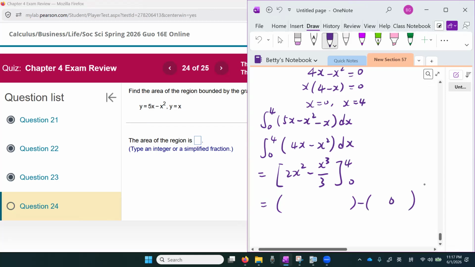Plug in 4: 2 times 4 squared minus 4 cubed over 3. 4 squared is 16, double 16 is 32, minus 4 squared 16, 16 times 4 is 64 over 3. 32 times 3 is 96, so 32 over 3. Is that correct?